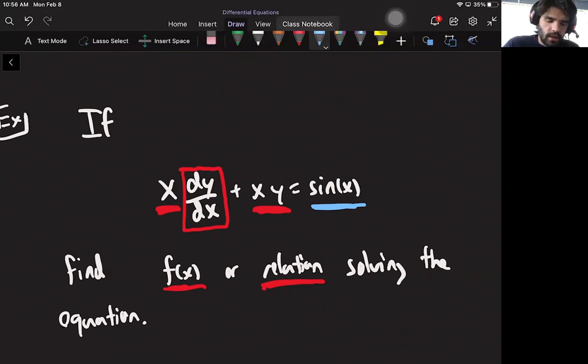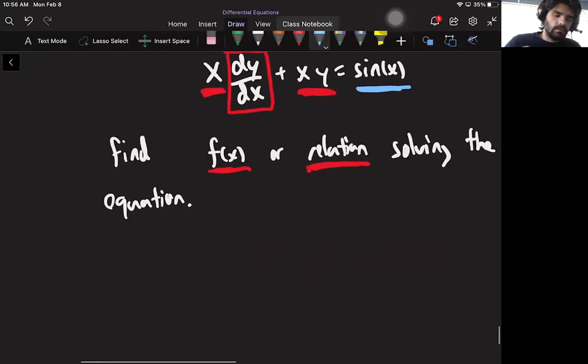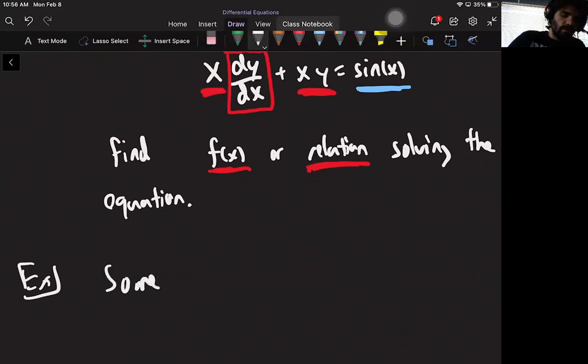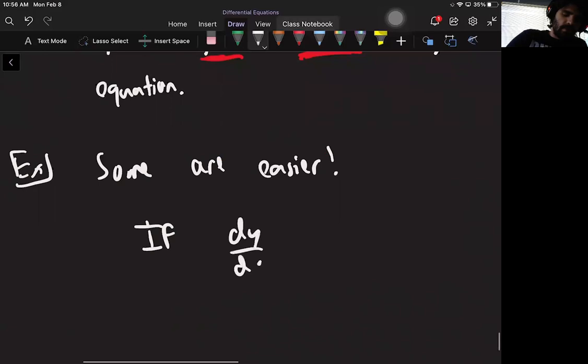So you can't just look at it and be like, oh, I know the function that does this, or the relation that does this. It's much harder. Okay, so some are easier, some are harder. So not to fear, we're going to do easier ones first. So this is another differential equation that's much easier to look at.